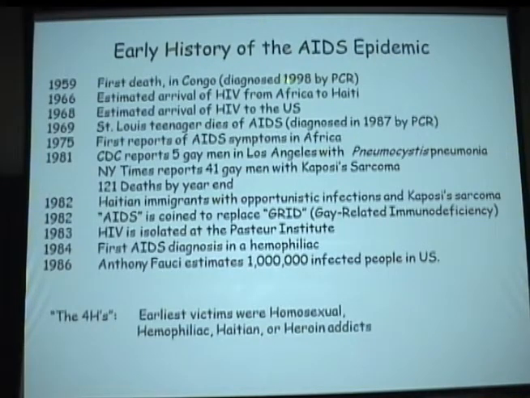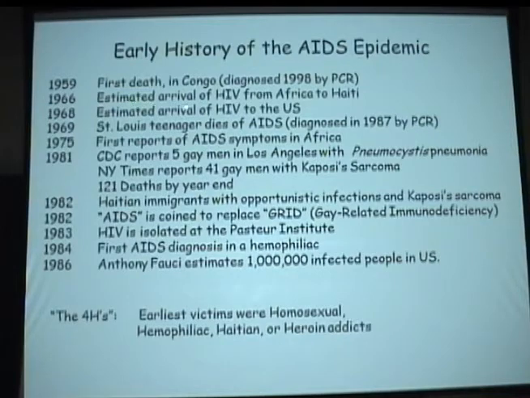Decades later, the patient was diagnosed as having HIV. That was done by PCR, which of course was invented in the 80s. They went back to this old sample and diagnosed that it had HIV in it. The person apparently had symptoms that resembled AIDS. 1959, way before it became a headline.